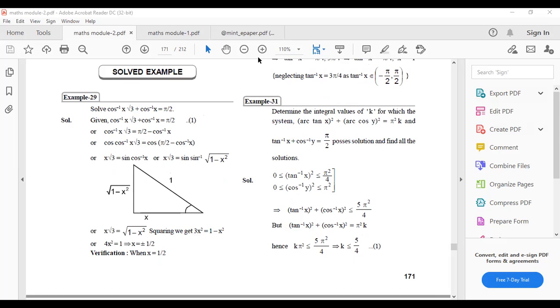Should we solve this? Yes, so please pay attention.